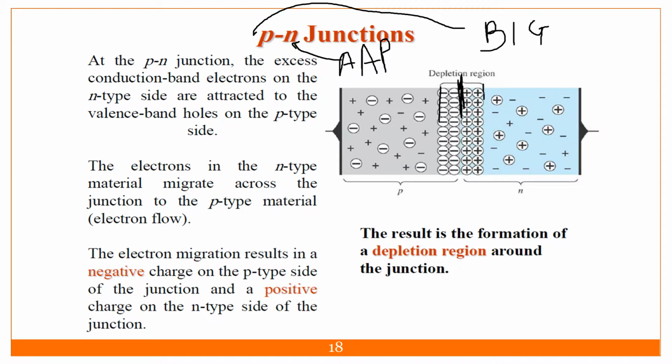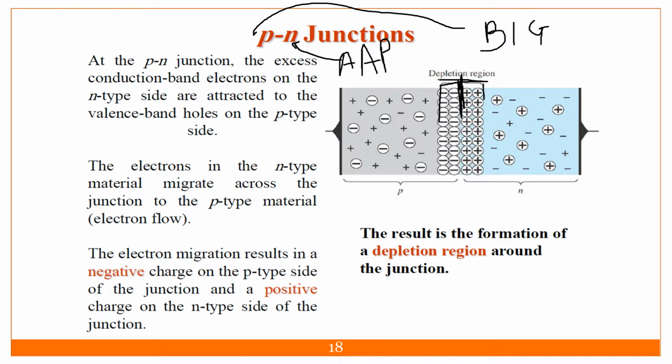Whatever the minority charge carriers of the P type and the N type, they get attracted and form a junction. The resultant layer is called the depletion layer.